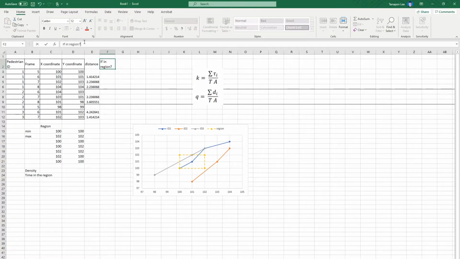So we're going to create this column to check if this frame, this coordinate that we measure, is inside this box. We're going to use multiple conditions.